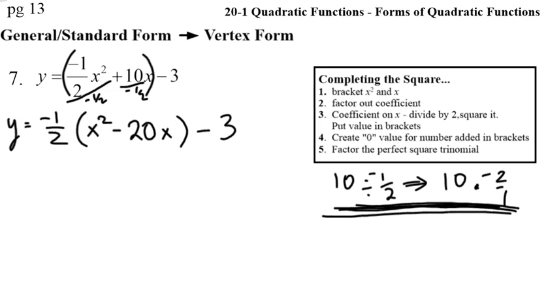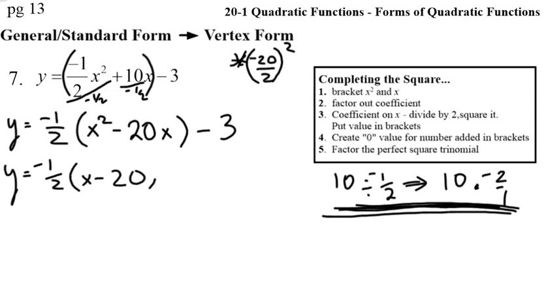At that point, magic number. Magic number's not too tough. -20 divided by 2, and we need to square it. So we have -1/2 x squared minus 20x, -10 squared, positive 100, minus 3.